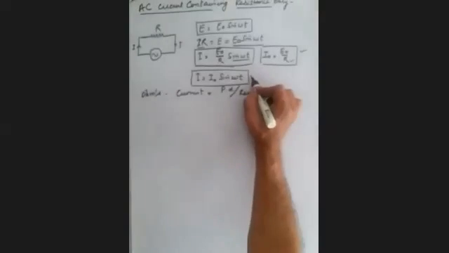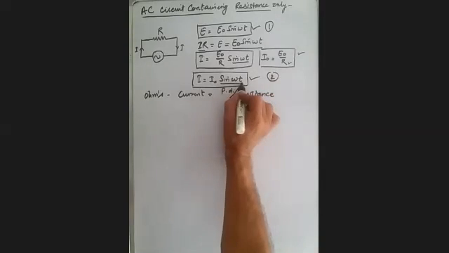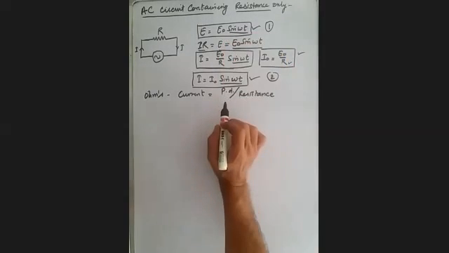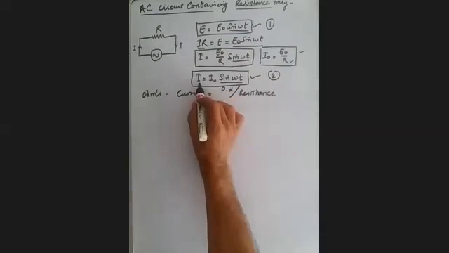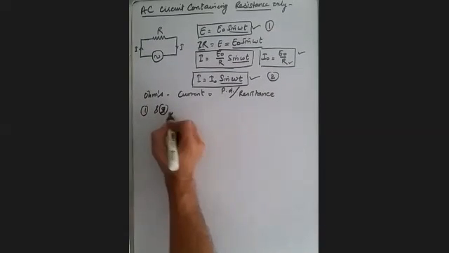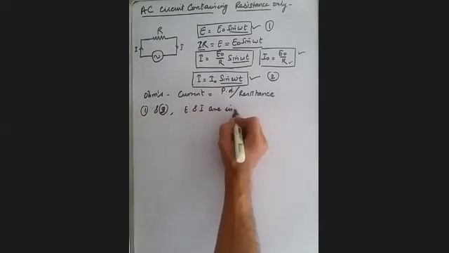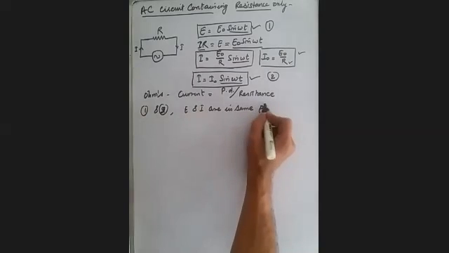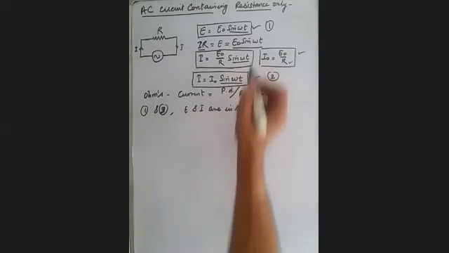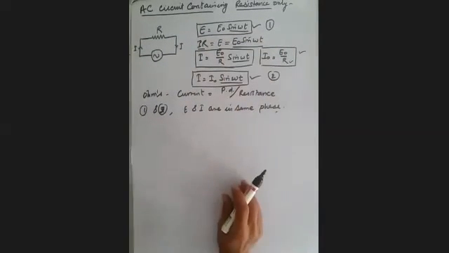Now let us compare these two, 1 and 2. You will see the phase of the alternating EMF and the phase of current at any instant of time is the same. So both are in the same phase. From 1 and 2, E and I are in the same phase. So there is no phase difference, because E is equal to E naught sine omega t and I is equal to I naught sine omega t.